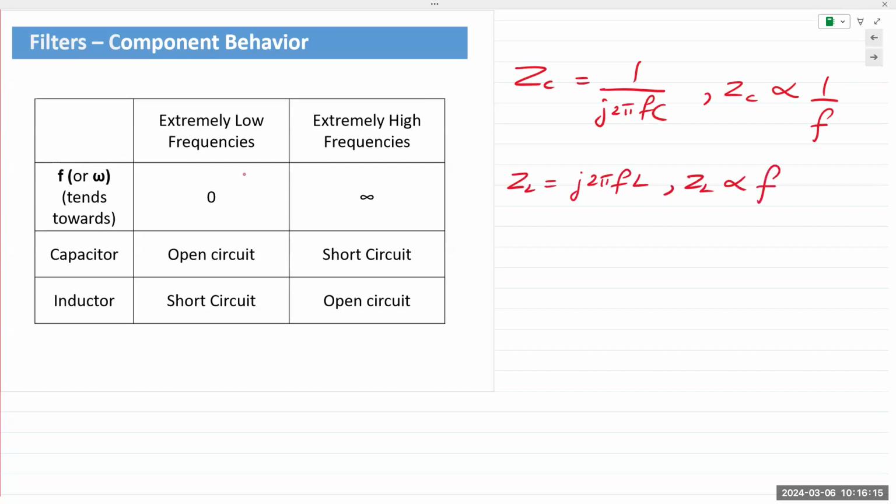And I'll again remind you that frequency in hertz is related to the angular frequency omega by 2 pi f. So for ZC and ZL, sometimes you would hear j omega L and 1 over j omega C. Again, it's the exact same thing.